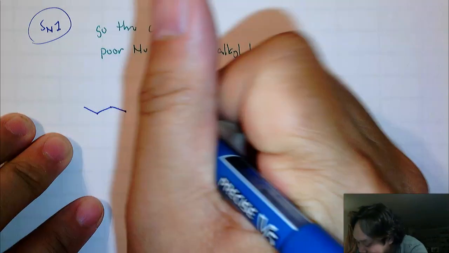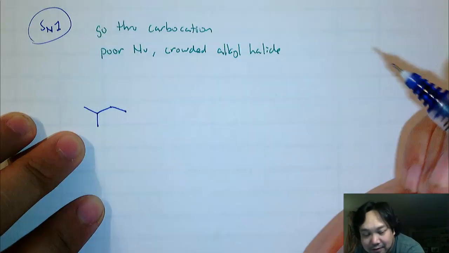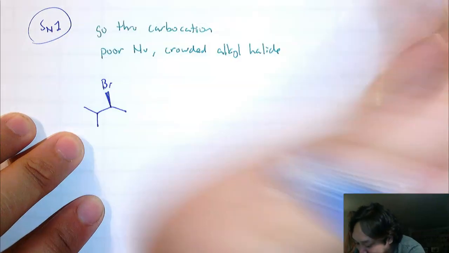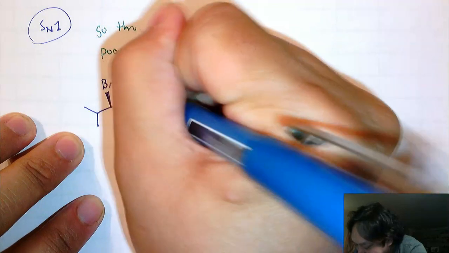And I need to make it asymmetrical. So how about that? And here's your bromine, and I need to make it tertiary. So here's a methyl group up here, and here's an ethyl group.